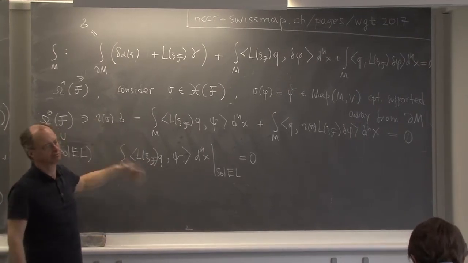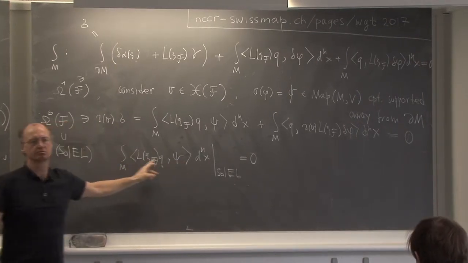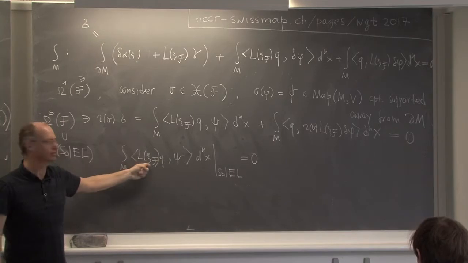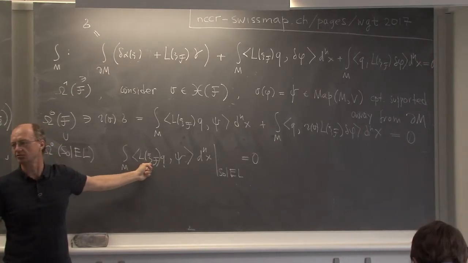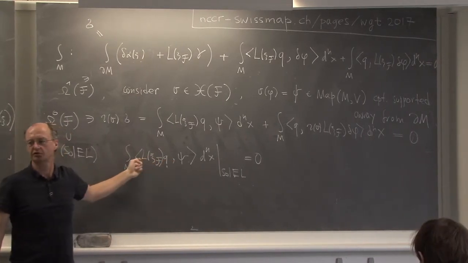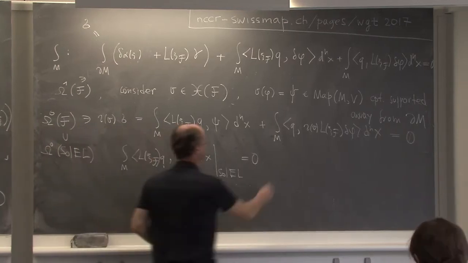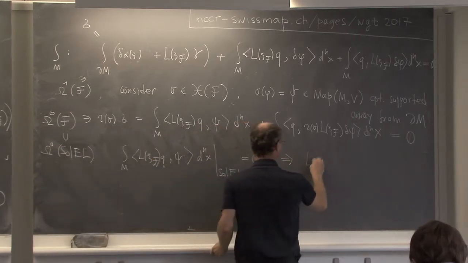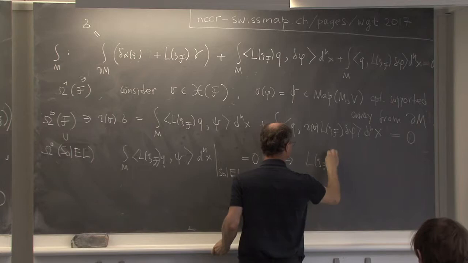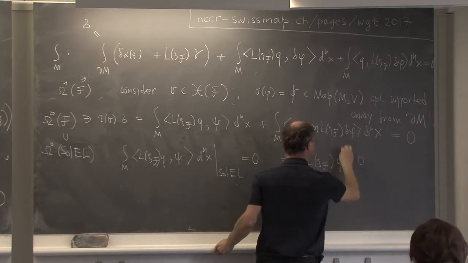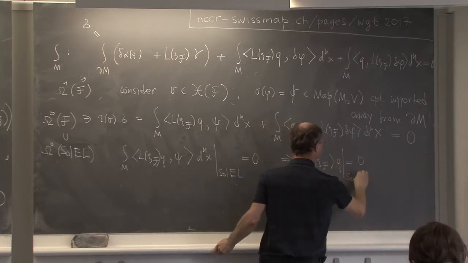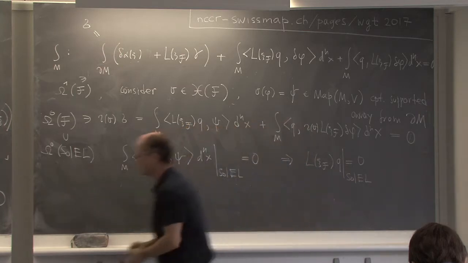So then, up to some small functional analysis, this thing has to be 0. So there is no way for it to be non-zero. It is 0 on Sol L.